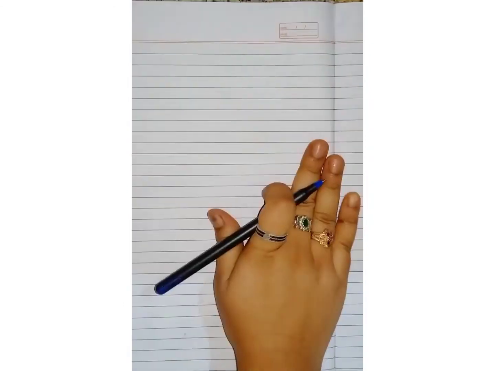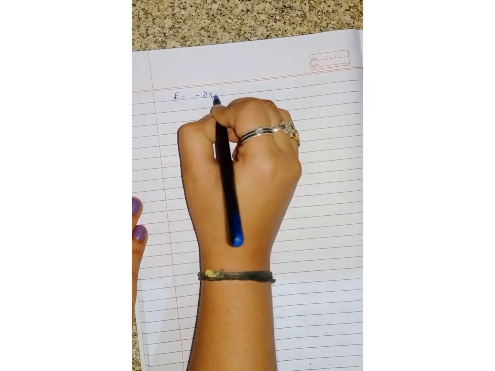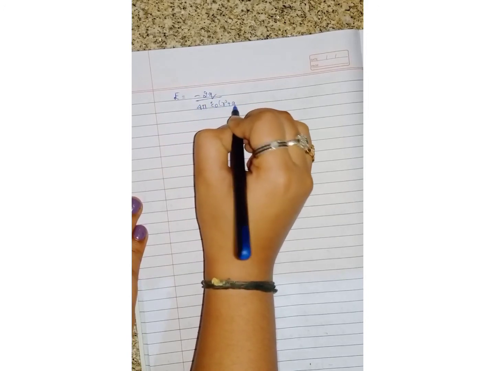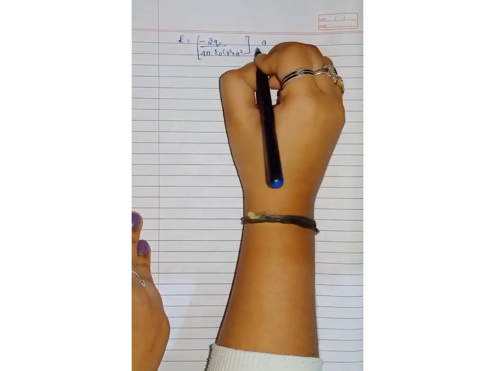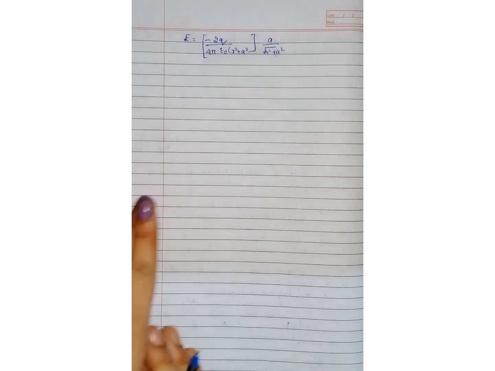What we have is E equal to minus 2q by 4 pi epsilon naught, r square plus a square, into a by root of r square plus a square. We just remove this a square because a square will be much less than r square.